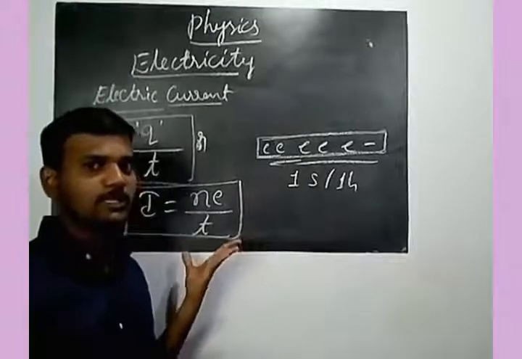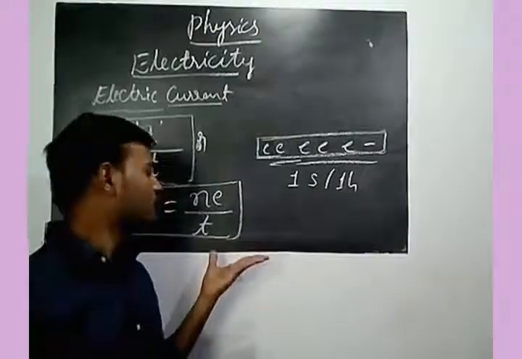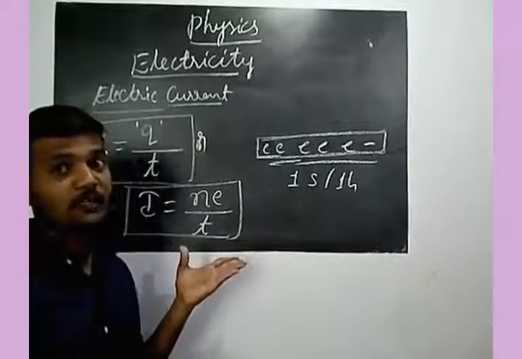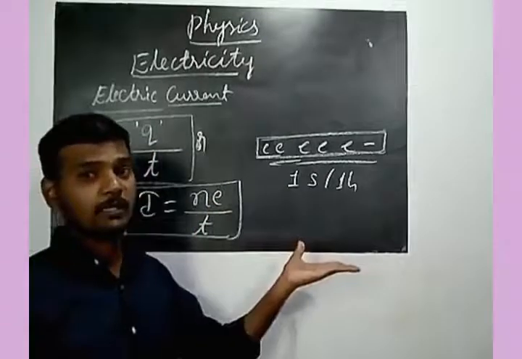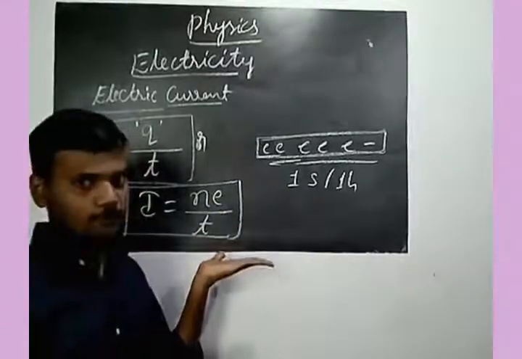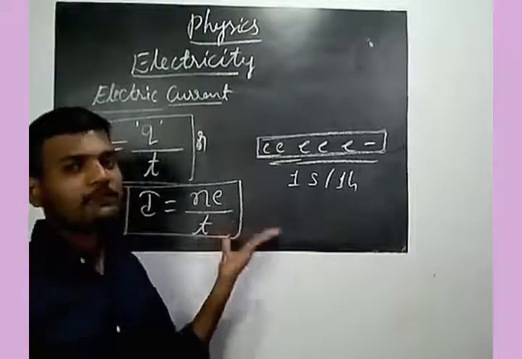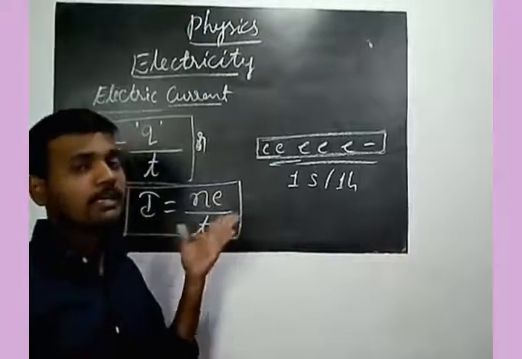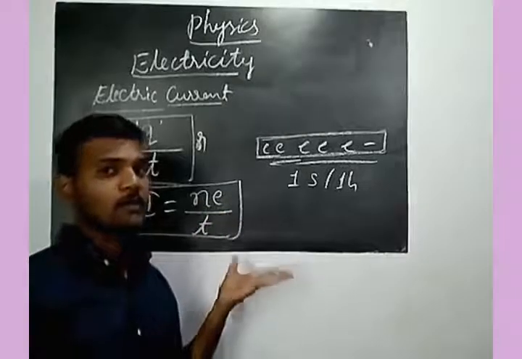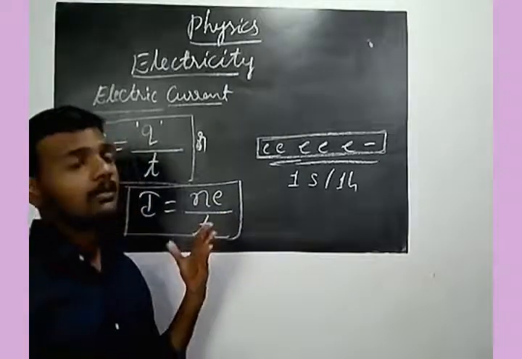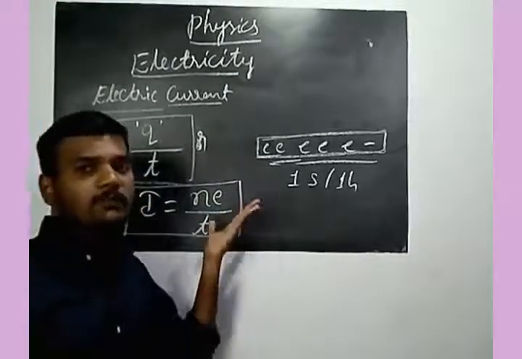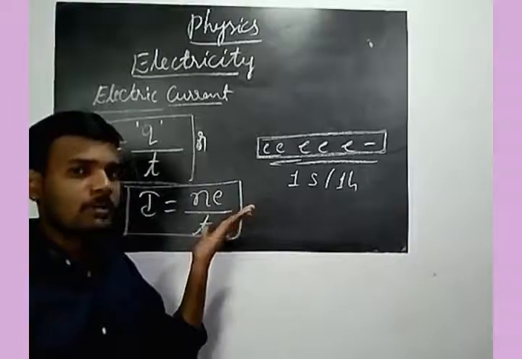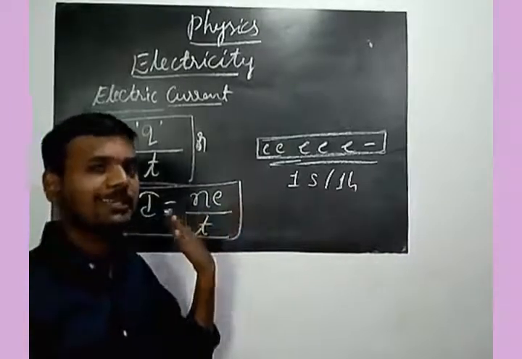By using this relation, we can find the current flowing in a conductor if we are given the number of charges flowing and the time. Or if we are given the electric current and time, then we can find the number of electrons or charges flowing in that conductor.